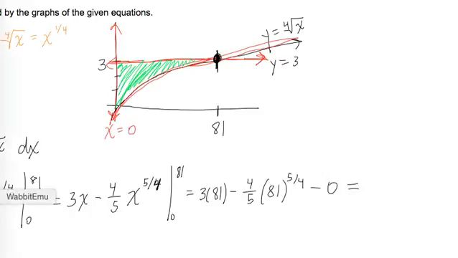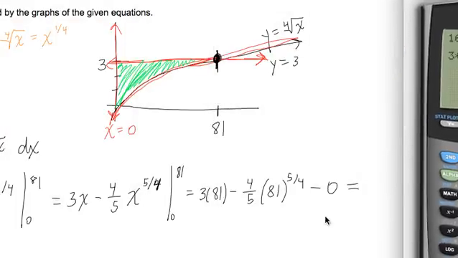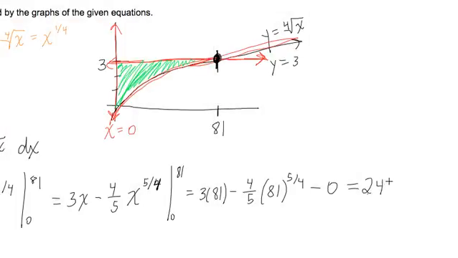Okay, so from here, let's do a little bit on the calculator. 3 times 81 is 243. So I have 243 minus, let me do a little bit in my head here. 81 to the 5/4, let's work on that.